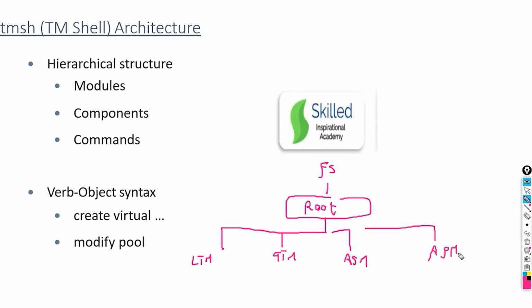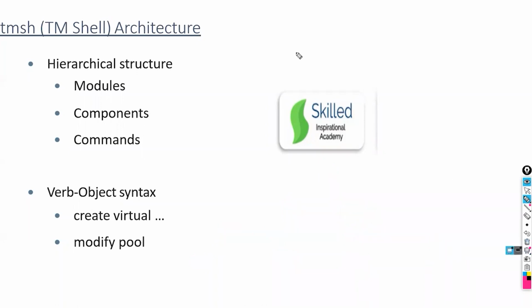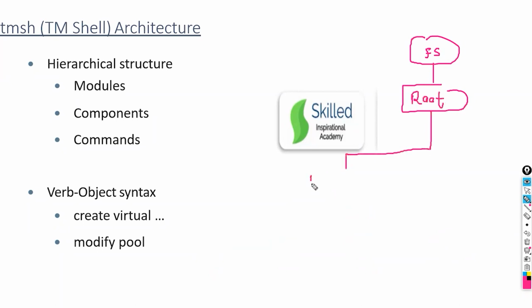I'm just drawing the tree architecture so that you can understand. All your Linux shell directories start with root. After root, you will have modules: LTM module, GTM module, ASM.